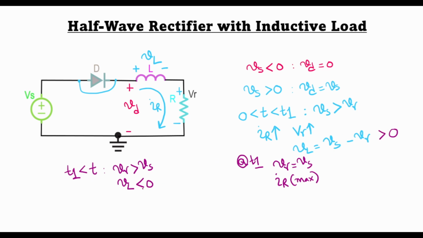For t greater than t1, VL becomes negative, and this essentially means that the inductor reverses its polarity and starts to supply the energy stored in its magnetic field back to the circuit.